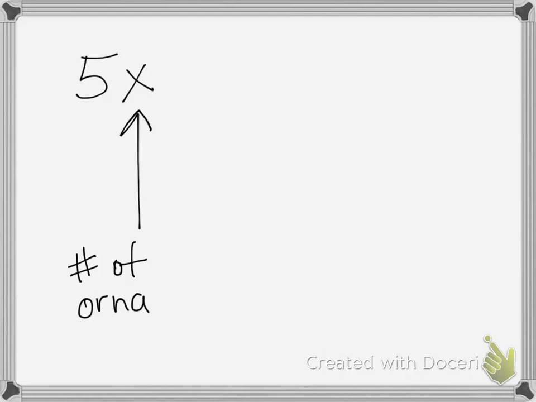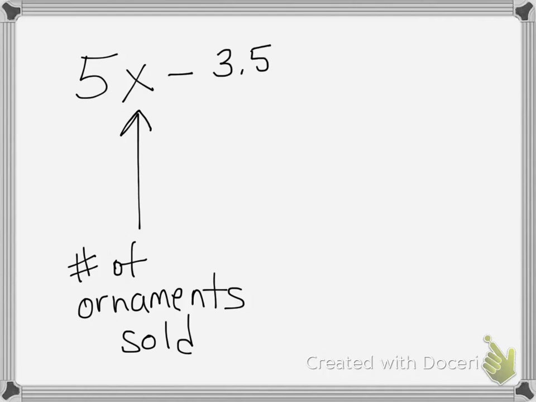So if we had 5x, and this x, this variable here, stood for the number of ornaments sold, and then minus 3.5x, and remember this x is still the number of ornaments sold, and this was our profit. This is our profit expression.